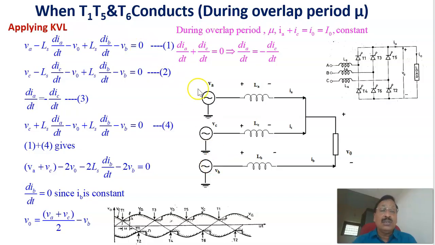That is equation 0, the KVL applied to this loop. Then the same KVL is applied to the second loop, where VC comes in.